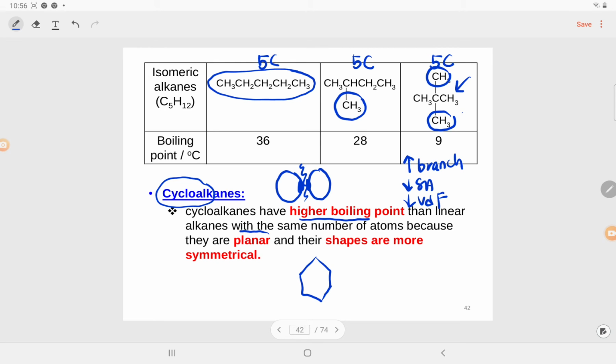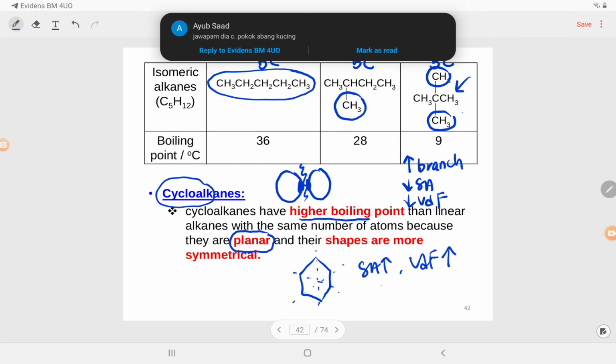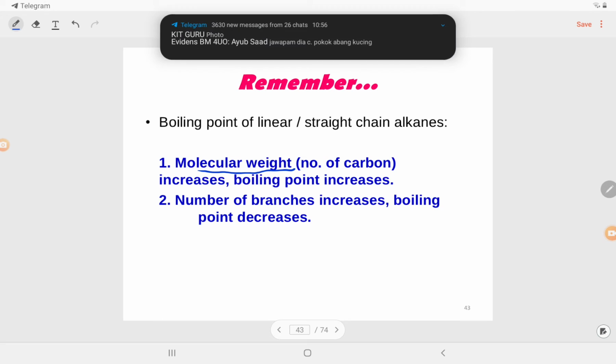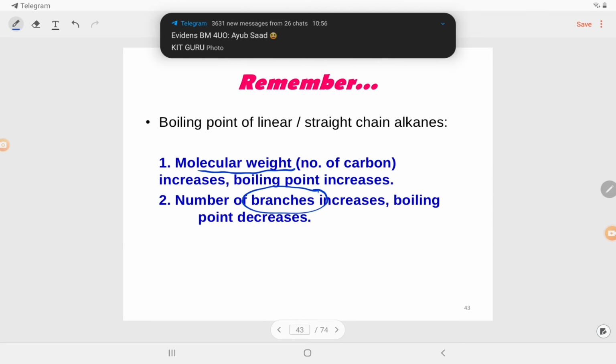The character of the cycloalkane is that the molecular structure is planar and symmetrical. So the surface area is higher, van der Waals forces become stronger, and the boiling point is higher according to the higher energy required to overcome the forces. As a conclusion, for the factors of the boiling point, you must refer to the molecular size of the compound and the branches of the compound.